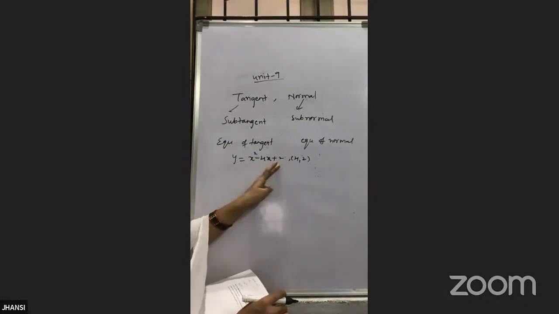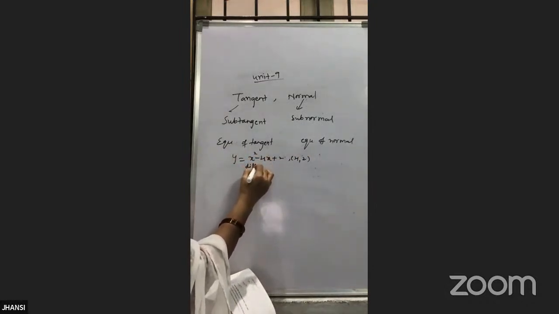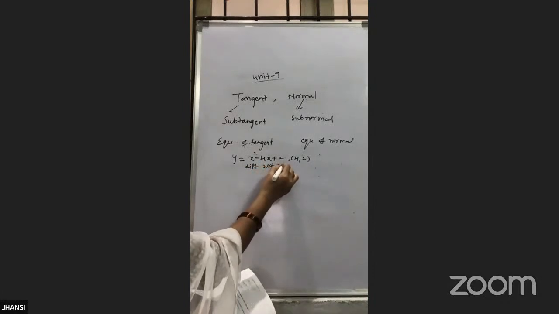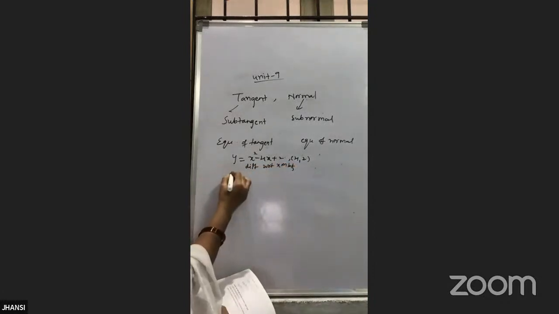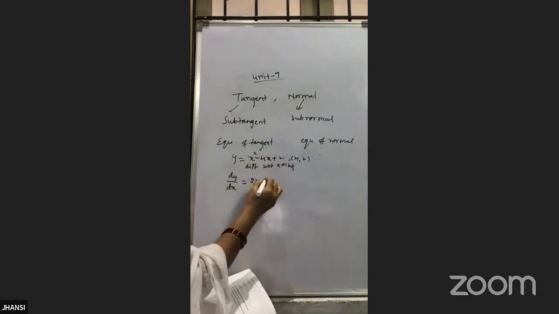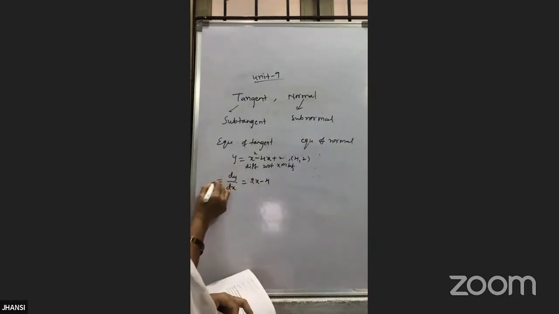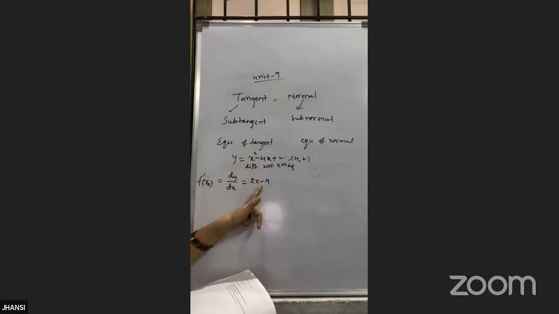First, differentiate with respect to x on both sides. So dy by dx equals 2x minus 4, the derivative of the constant being 0. This is called f dash of x0, which is the slope. So f dash of x0 equals dy by dx equals 2x minus 4.